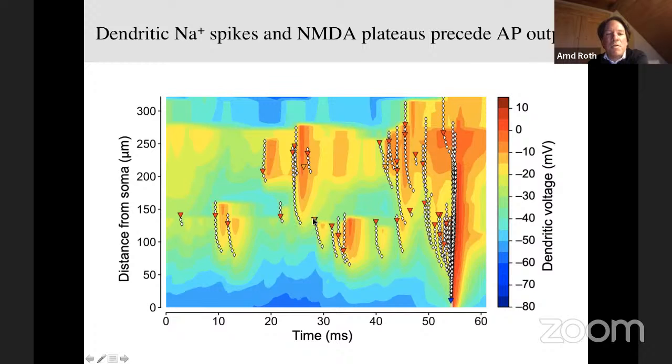Some of them are both NMDA in orange and sodium in red. Many of them are just sodium events, and they seem to increase in number just before the somatic action potential was triggered, which means that they might have contributed to getting the soma to produce an action potential.